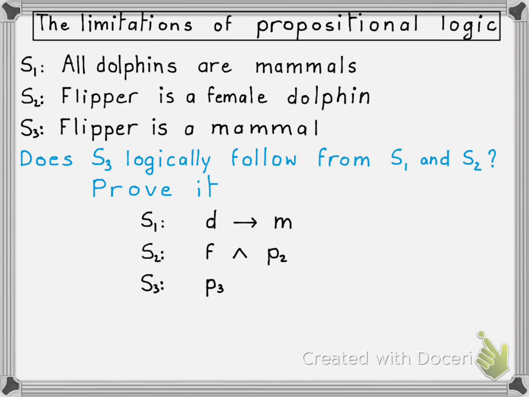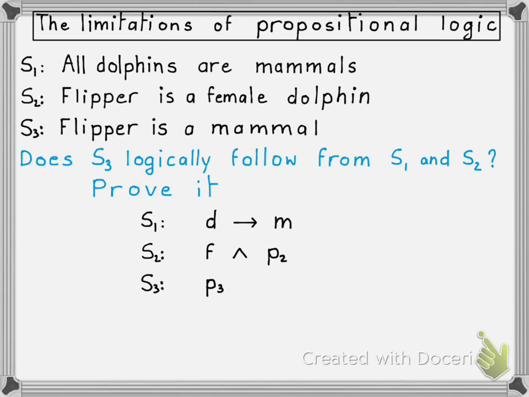So maybe instead of building the truth table to show that the argument is valid, maybe we should look for a counterexample. In fact, it's very easy to find an assignment of truth values to the 5 propositional variables that make S1 and S2 true and S3 false. How do we make S2 true? We need to make F true and P2 true.